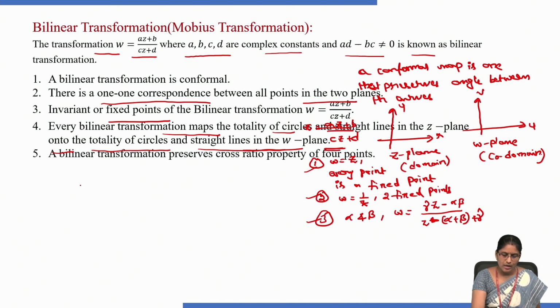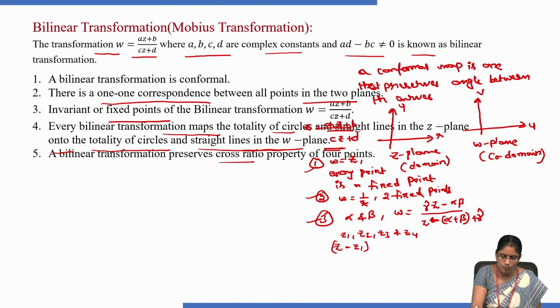Next point is a bilinear transformation preserves the cross ratio property of 4 points. Take 4 points, Z1, Z2, Z3 and Z4.